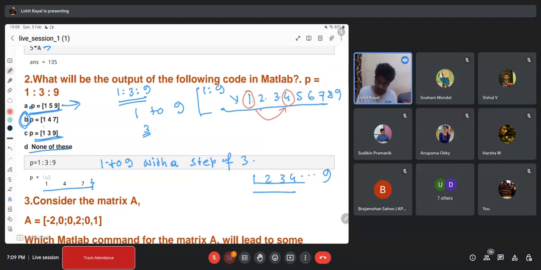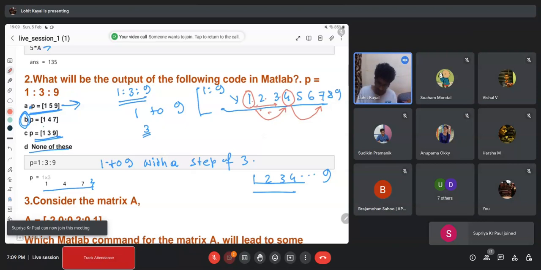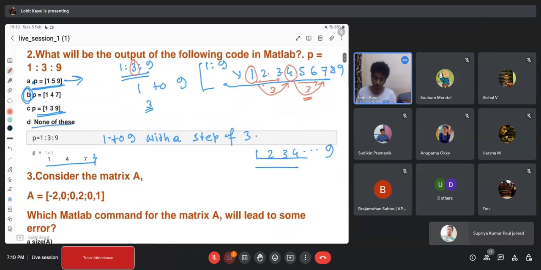Again from 4 there will be step 3. So first one is 1, then the gap will be 3. You just add it to the initial one. 1 plus 3 is 4. Again, 4 plus 3 is 7. This 3 indicates the intermediate step, the step size is 3. So this is how MATLAB works.